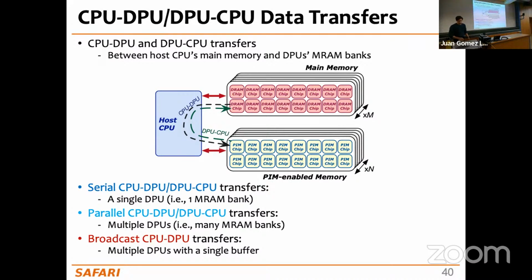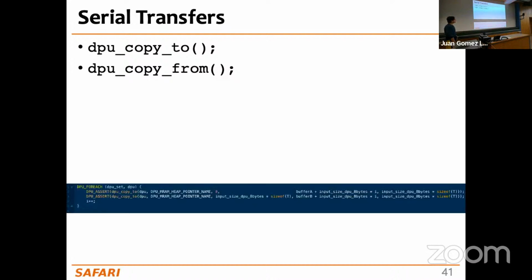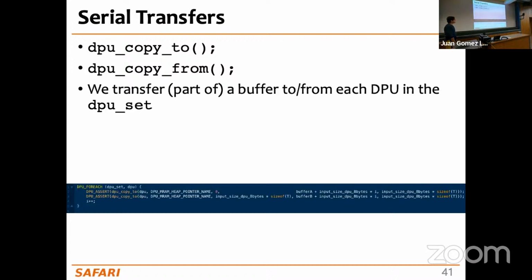Okay? So what are the APIs for serial transfers? As you see, they have a pretty intuitive name, DPU copy to, DPU copy from. And this is how the syntax more or less looks like. Here indeed we have two different transfers because these transfers correspond to the vector addition example that is our running example in this lecture, right?